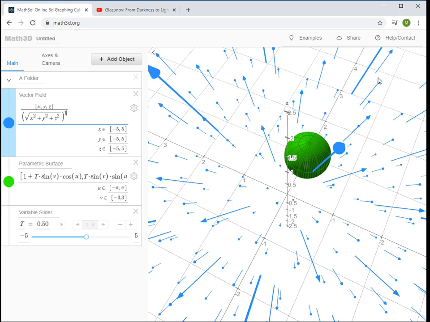So if I'm way far away from the origin, I'm still going to get greater outward flux, but the difference between outward and inward is going to be relatively small when compared to when I'm really close to the origin. There, the outward flux will greatly outweigh the inward flux.